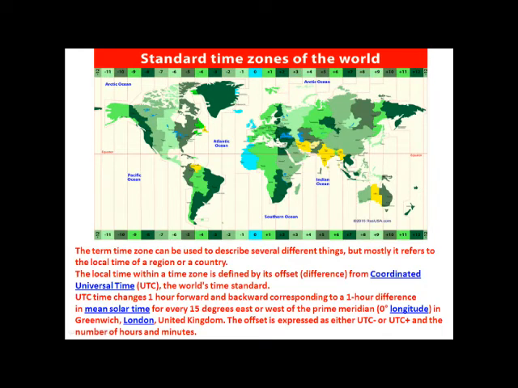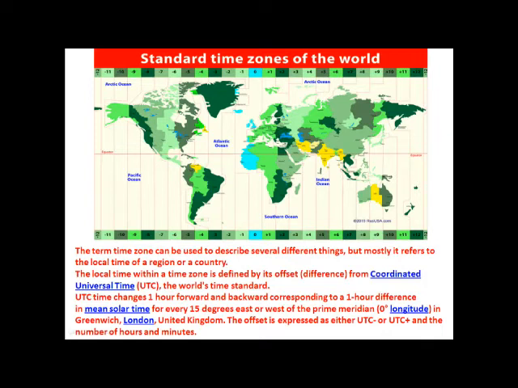Okay. So in the whole world there are large countries like Russia, Canada and the United States over a vast longitudinal extent. They do not have a single standard time for the whole country. They have many time zones, with each time zone covering about 15 degrees of longitude.